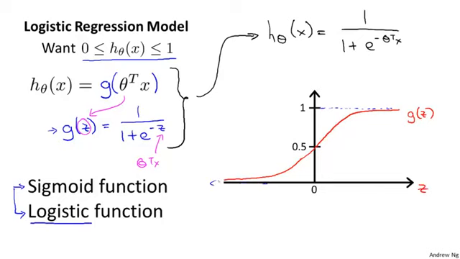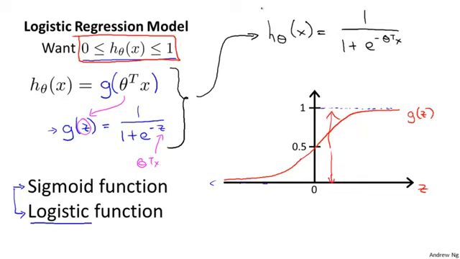As z goes to minus infinity, g of z approaches 0, and as z goes to infinity, g of z approaches 1. And so because g of z outputs values that are between 0 and 1, we also have that h of x must be between 0 and 1.